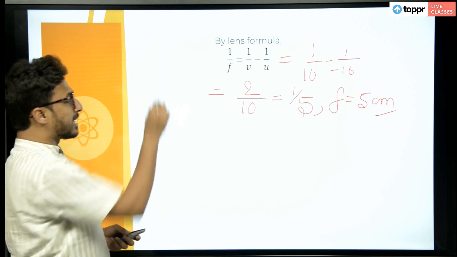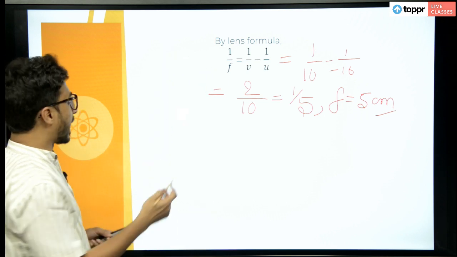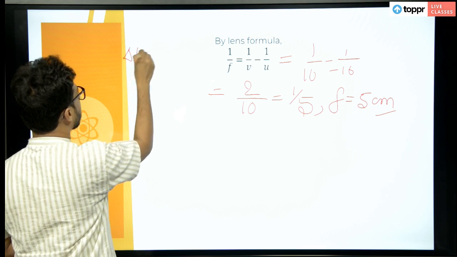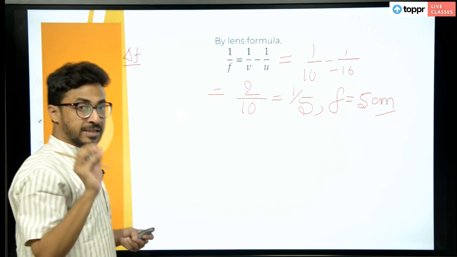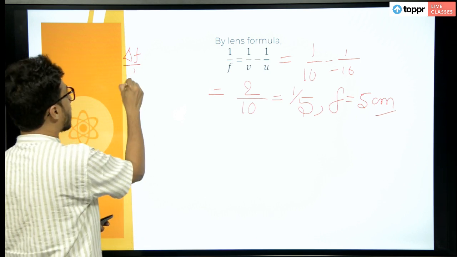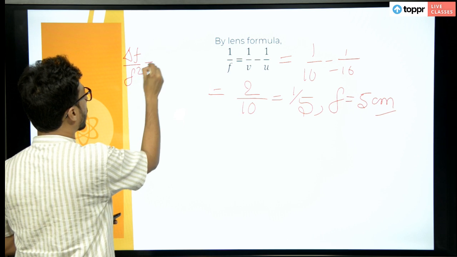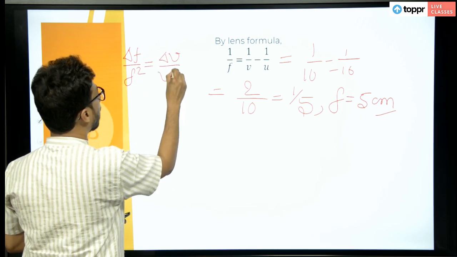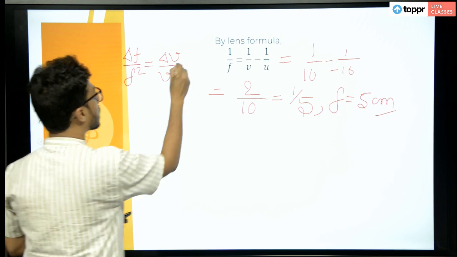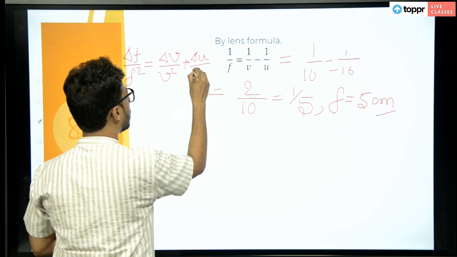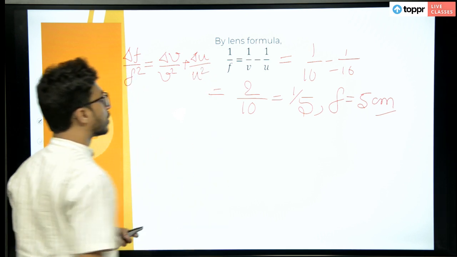If this is the lens formula, you know by error analysis that if del f is the error incorporated into finding the focal length, del f by f square will be del v by v square plus del u by u square.